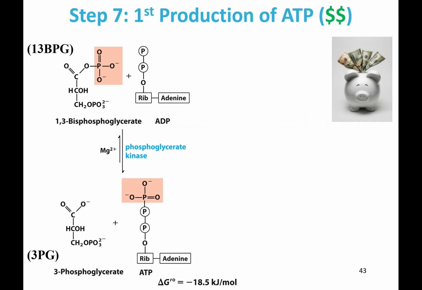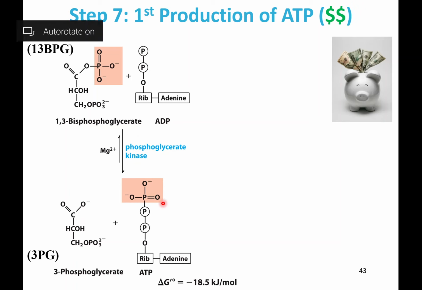Step 7. This is the first production of ATP in glycolysis. So this is our second energy producing step, and it's the first one that produces ATP. In this step you have 1,3-BPG and ADP, and you produce 3-phosphoglycerate and ATP.